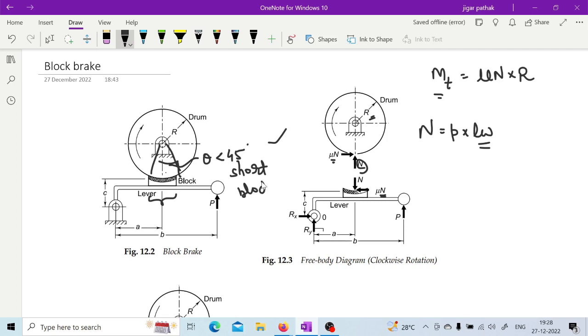When we are considering this short block, the width is going to lie between 1/4 of the diameter of the brake drum and half of the diameter of the brake drum.